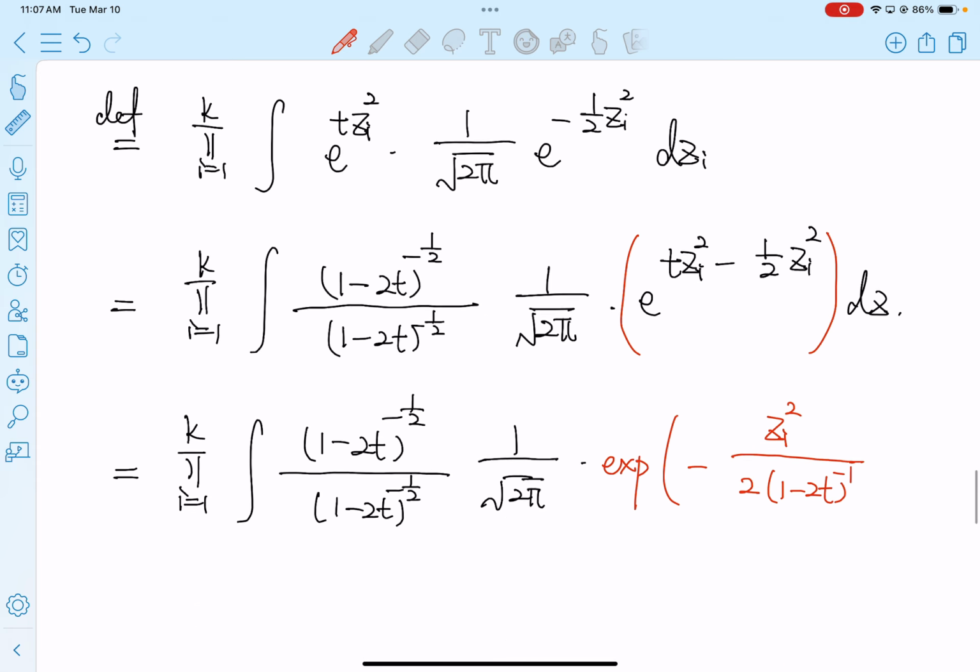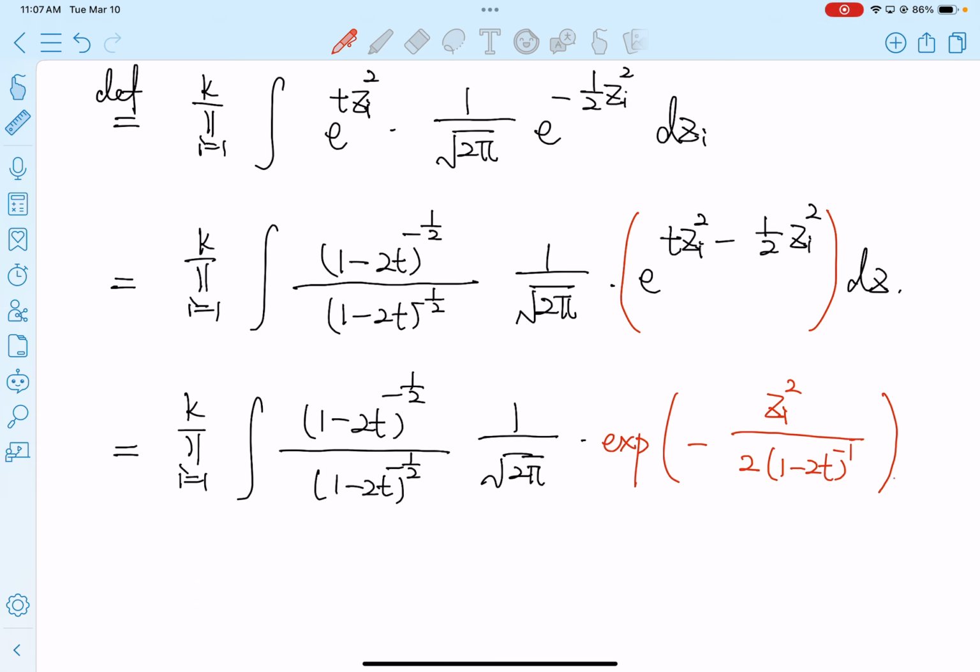If you're interested, I can talk about this particular detail, but this is just some algebraic tricks: you can rewrite something by multiplying by 2 over 2 and then putting it in the denominator, raised to the power of negative 1. I'm saying that these are the same, but it's slightly tricky.